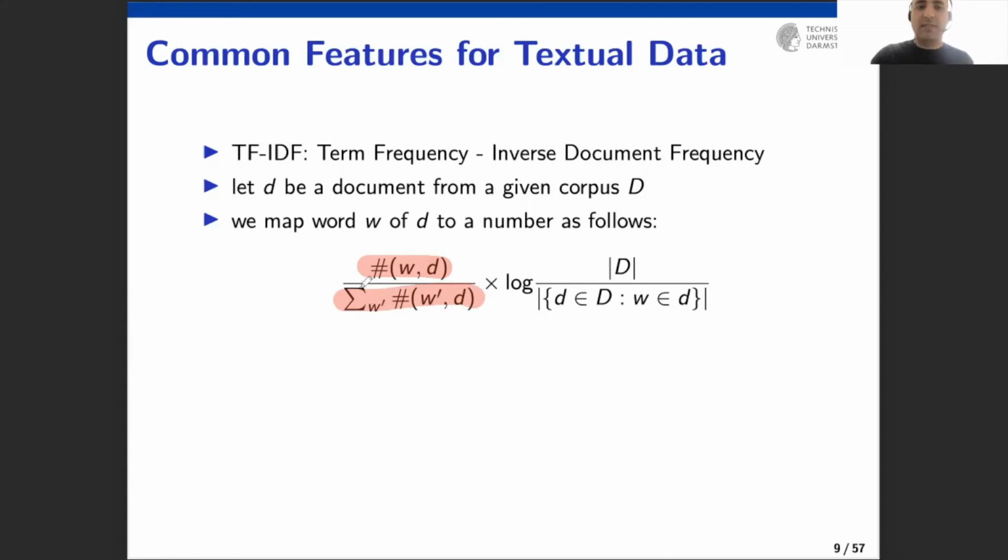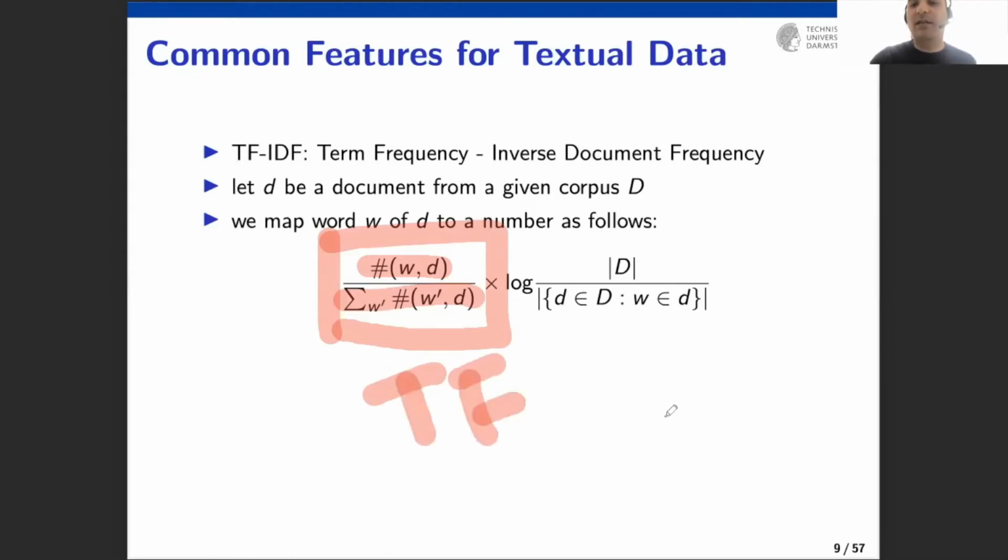So this part is exactly what we do in bag of words, right? Our term frequency. So this is exactly TF. And what is the right part? The right part is IDF, which stands for inverse document frequency. We know that if a word occurs in all documents, then probably it's not a good word to distinguish them, right?